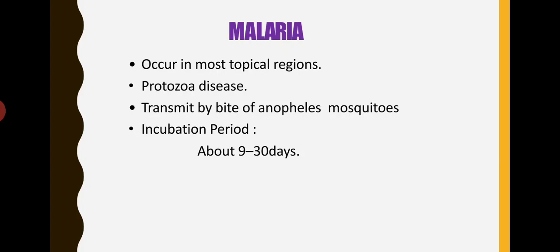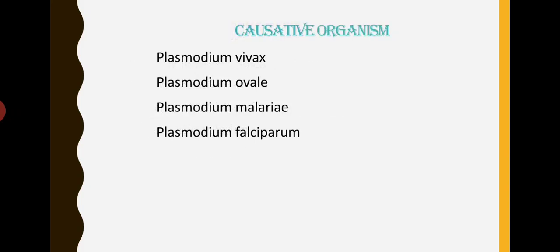The incubation period of malaria is generally about 9 to 30 days. The causative organisms for malaria include Plasmodium vivax, Plasmodium ovale, Plasmodium malariae, and Plasmodium falciparum. These are the four causative agents for malaria, and these all are protozoa.